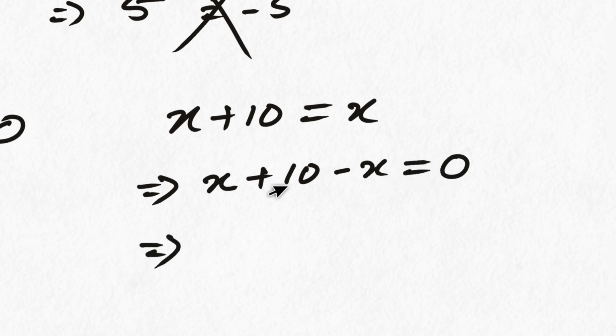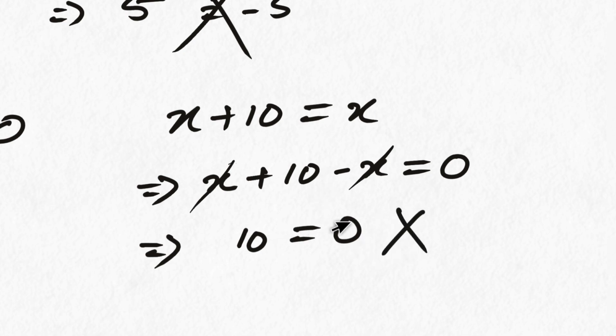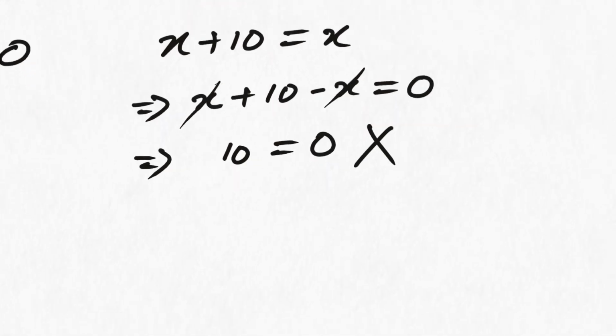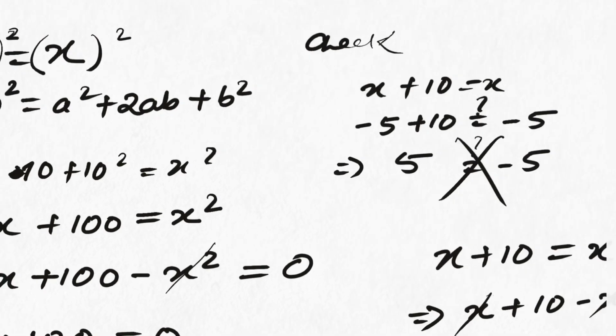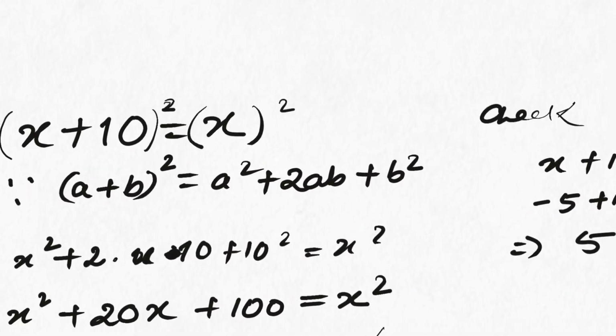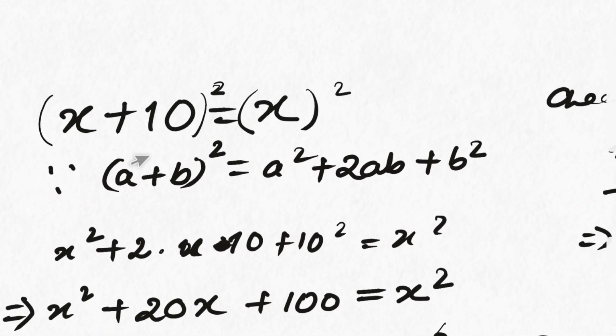The positive x and negative x cancel out. We're left with 10 equals 0, and that is clearly not true. So this confirms our earlier result. There is no value of x that makes the original equation true.